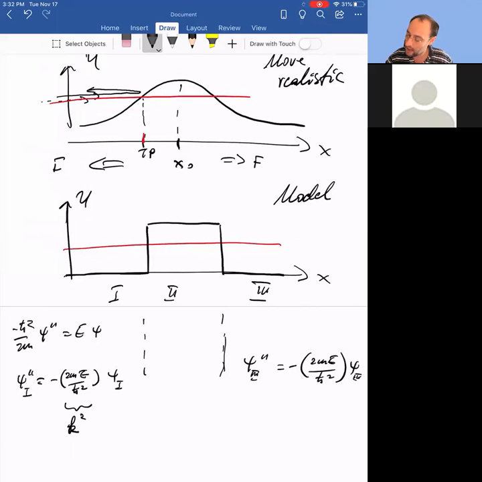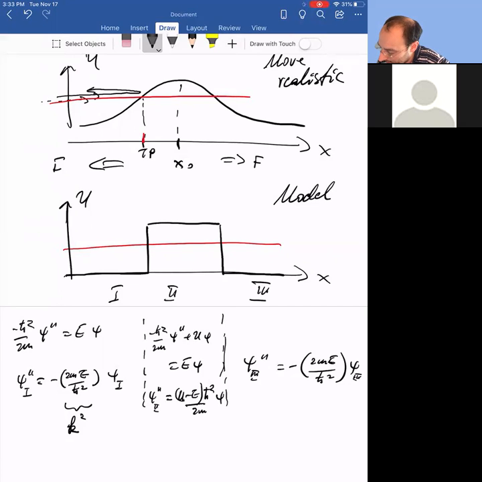Psi 3. And what goes on in region 2 is you have minus h bar squared over 2m psi double prime plus U psi equals E psi. So psi double prime equals U minus E times 2m over h bar squared, times psi, right?